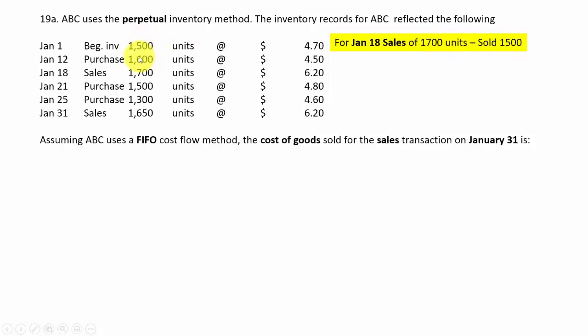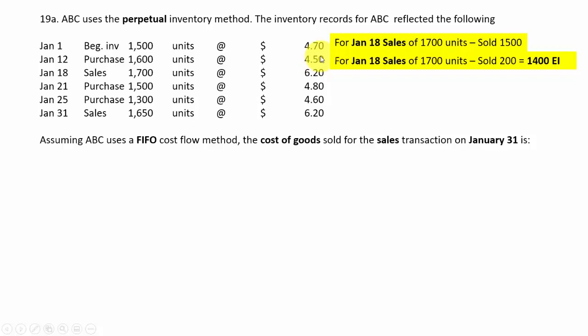And then you sell 200 of these units at $450, and that means you have an ending inventory right now of 1,400 units, and that ending inventory is going to be based at $4.50 a piece. So hold that thought somewhere.